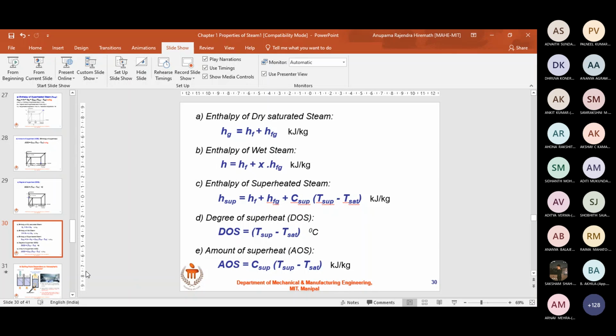That is compulsory. Ensure that you note down everything and solve the problems in the next class. If you can take a printout of the steam table, well and good. Otherwise, you should be referring to the soft copy, which will be shared in the class files.